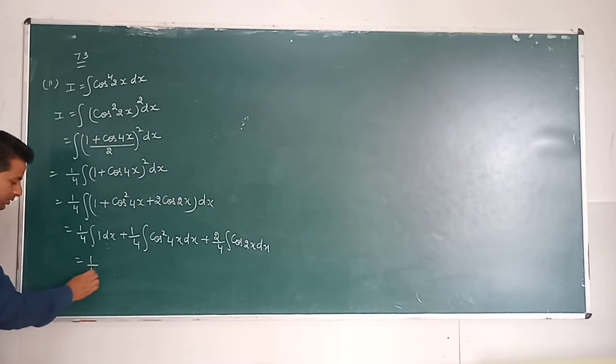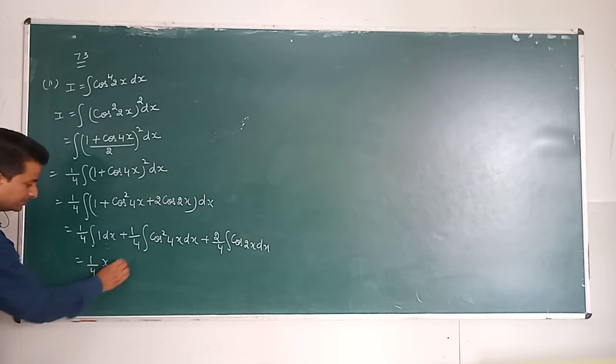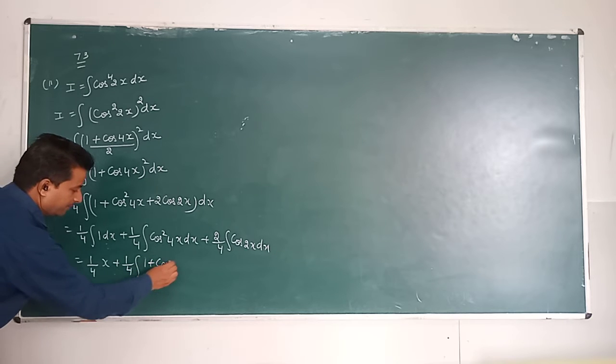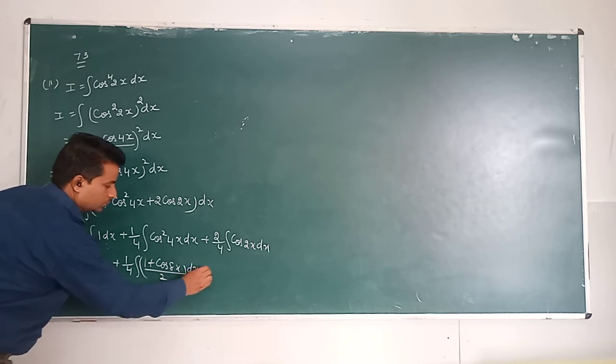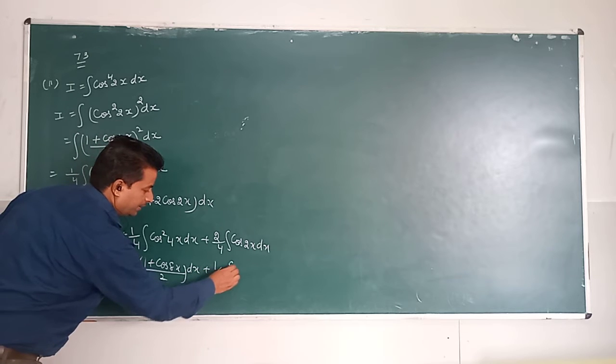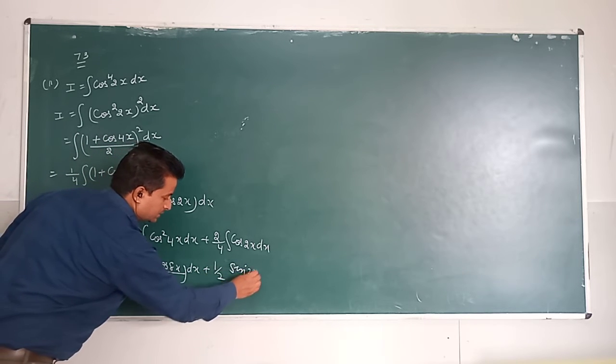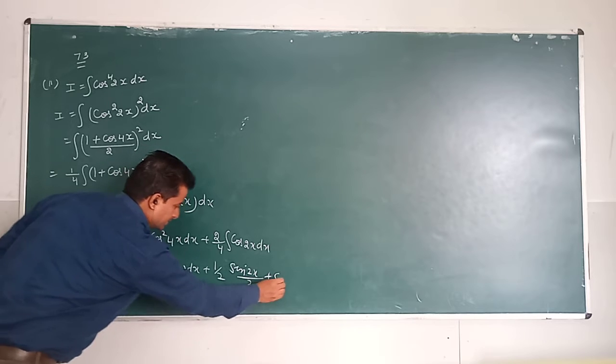So the integration of the first one is x. Here we use again the formula of double angle, cos^2 x = (1 + cos 2x)/2. The integration of cos 4x is sin 4x upon 4, plus c.